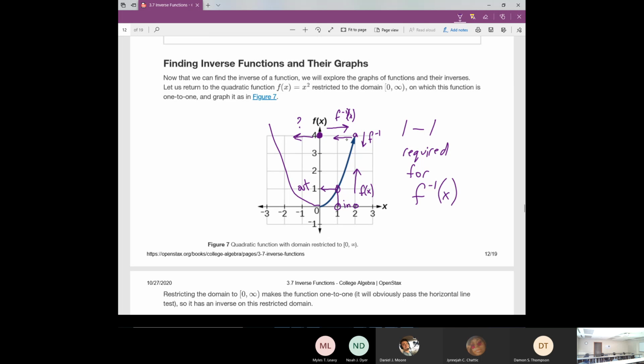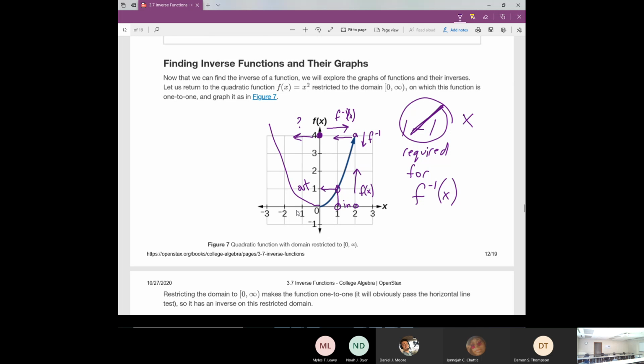Otherwise, I don't know. Mathematically, I can't solve for it. If I have a 4, where did it come from? Would the 4 come from this value of x, or did the 4 come from this value of x? That would not be 1 to 1. Therefore, I can't do f inverse if I don't have 1 to 1-ness.